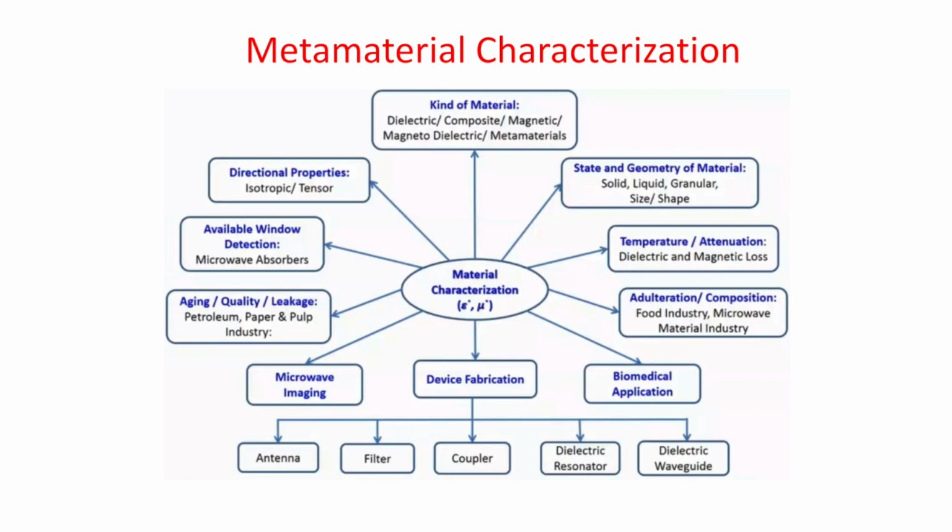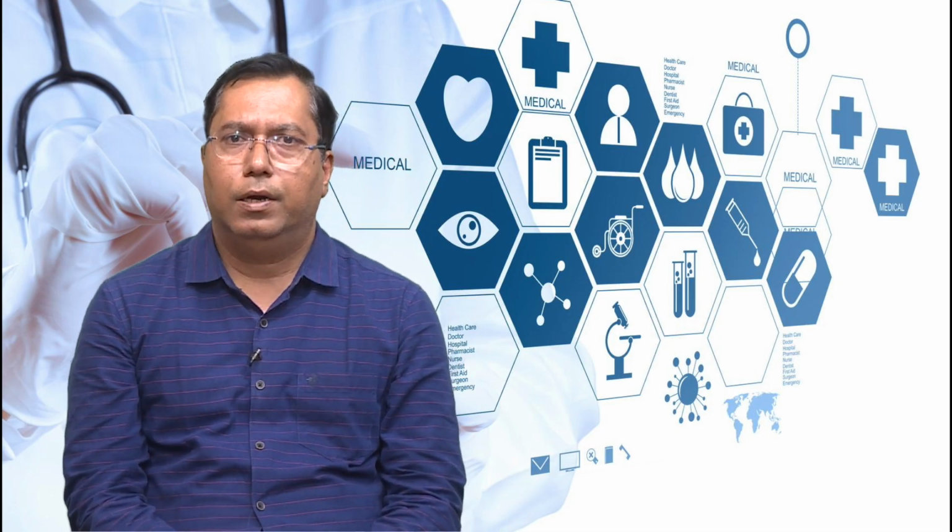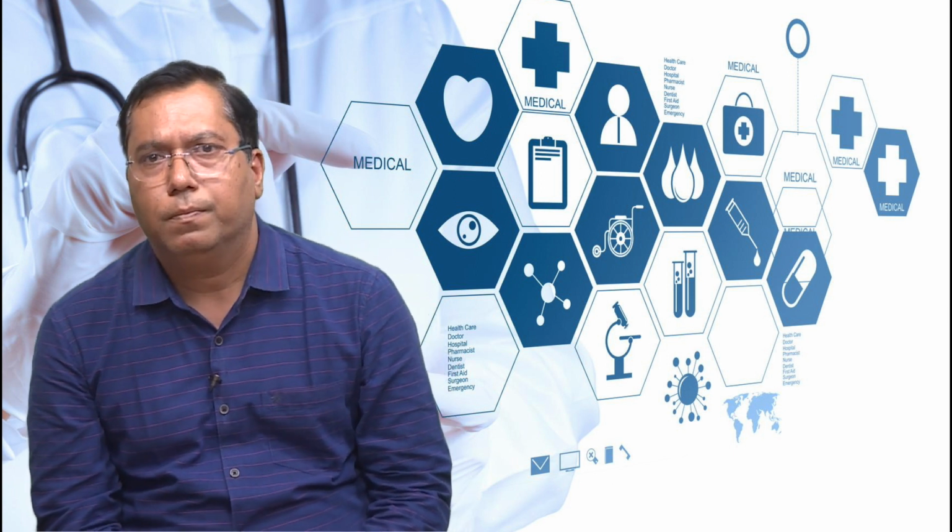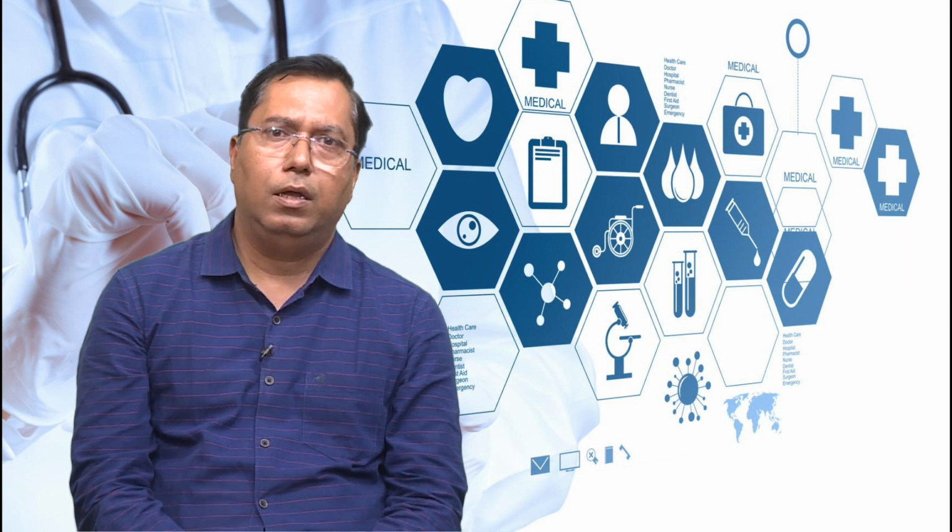In the second, the wavelength of the incoming signal is nearly lambda by 5 compared to the dimension of the material, while in the third case, the dimension of the material is very small compared to the wavelength of the incoming signal.